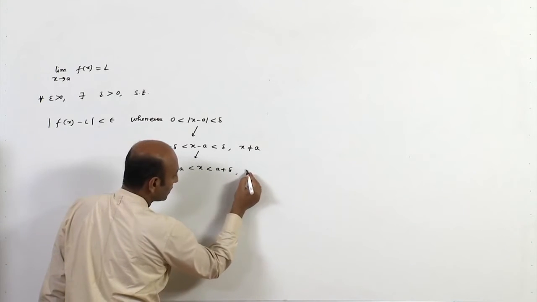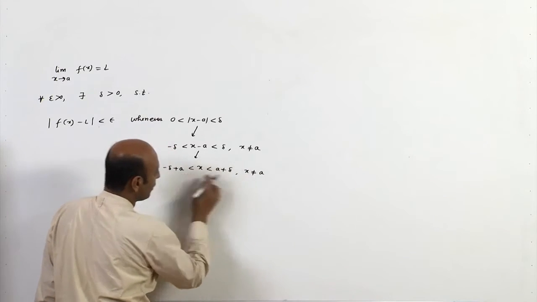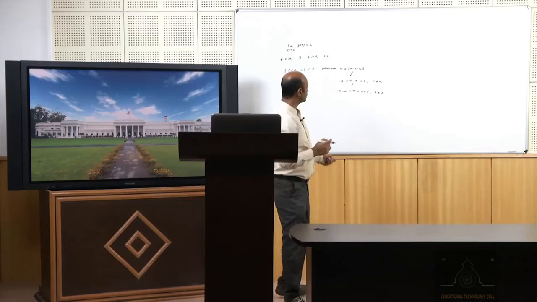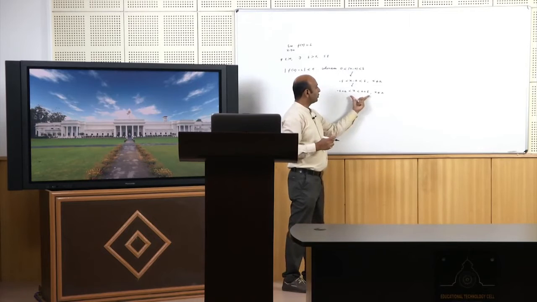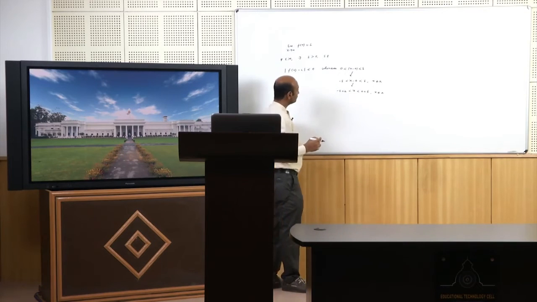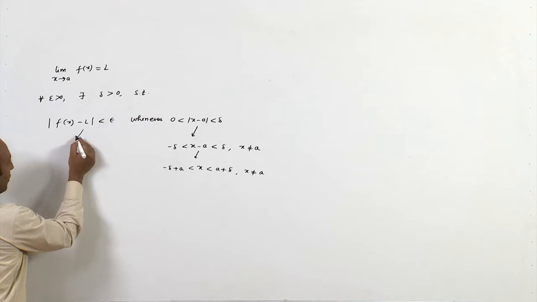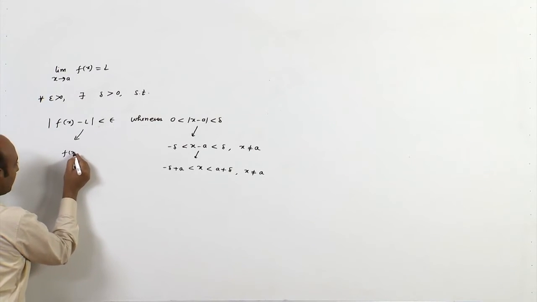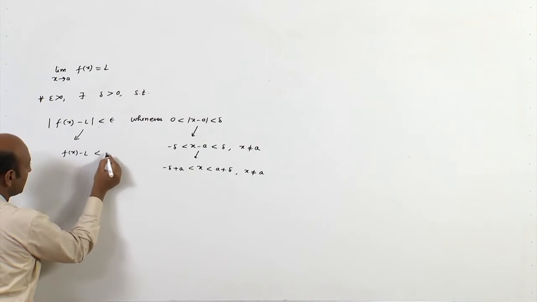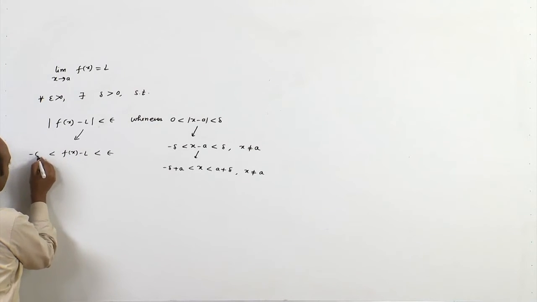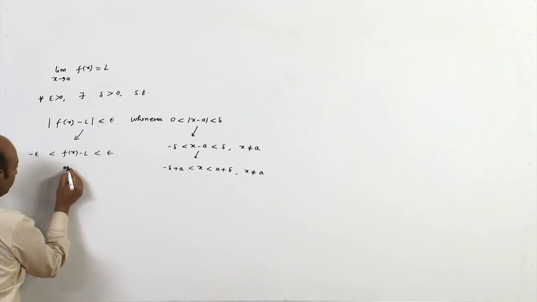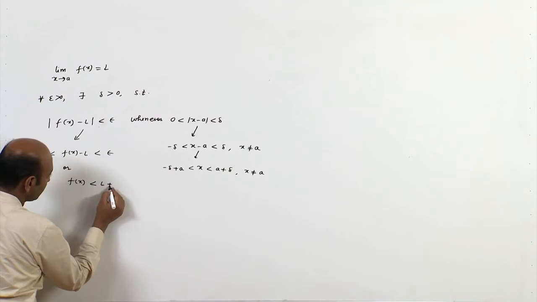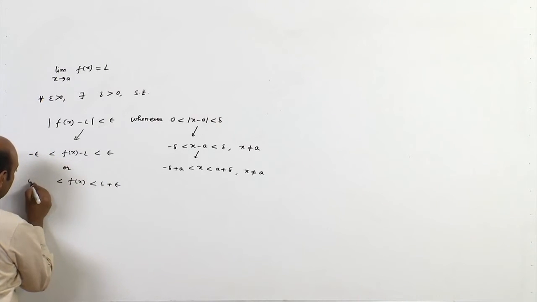This we call a deleted neighborhood of x at a. Similarly, this inequality represents f(x) minus L less than epsilon and greater than minus epsilon, or f(x) is less than L plus epsilon and greater than L minus epsilon.